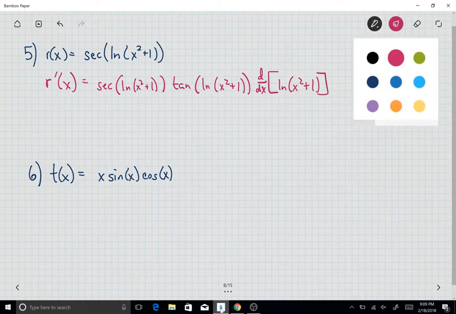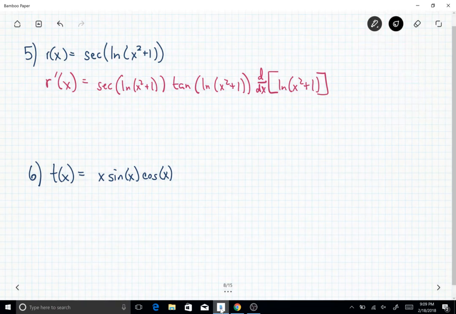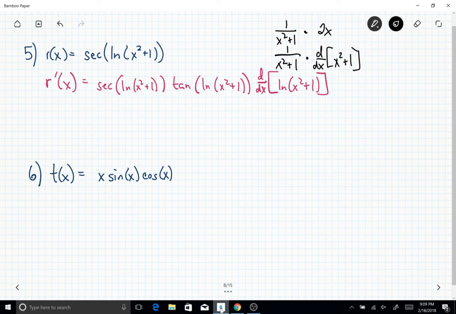So now moving forward from there, what's the derivative of that? Well, we have the derivative of that should be 1 over x squared plus 1 times the derivative of the inner function, so times the derivative of x squared plus 1. And then what's the derivative of that? Well, that should be 1 over x squared plus 1 times derivative of x squared is 2x, and then derivative of 1 is 0, so we just have 2x. So we can actually write out our r prime of x.